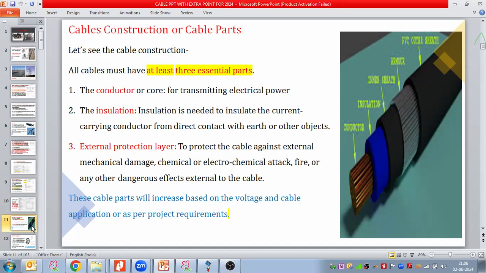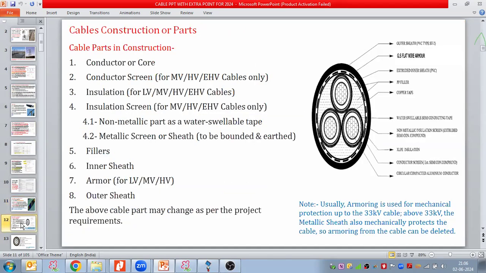After that we took a comprehensive overall look at the cable construction. Here we have seen that the cable has the inside core or conductor. After the conductor, the cable has the conductor screening.